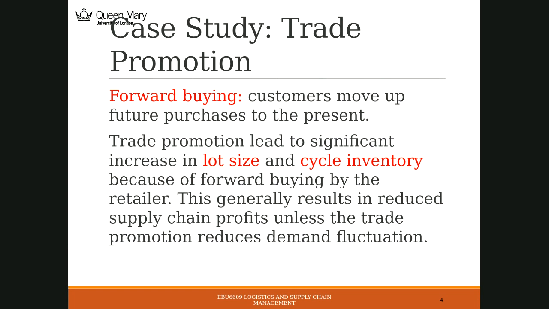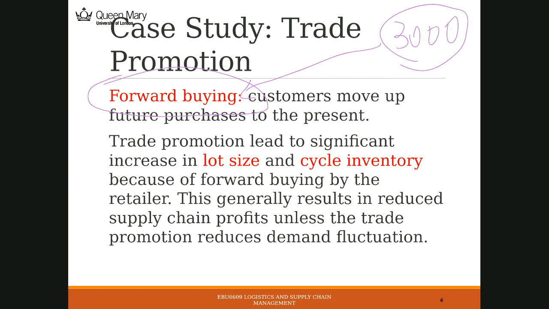What's the meaning of the 3,000? This is a typical thing. That's the reason why we want to have this case study, and it was used in previous years' exam questions. Forward buying. You buy it not because of the current concern.